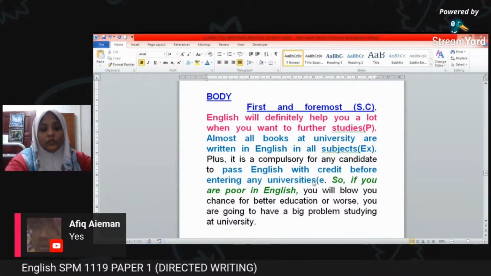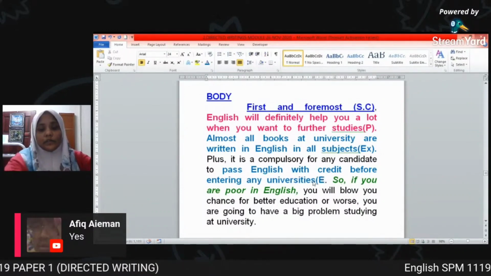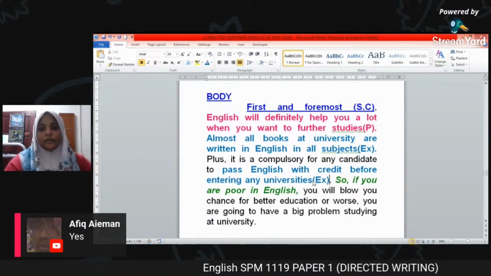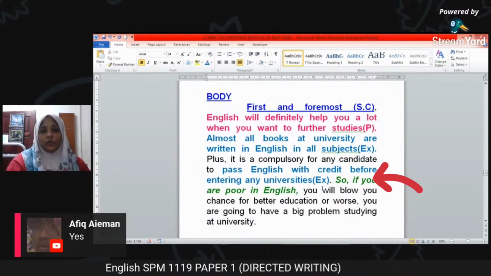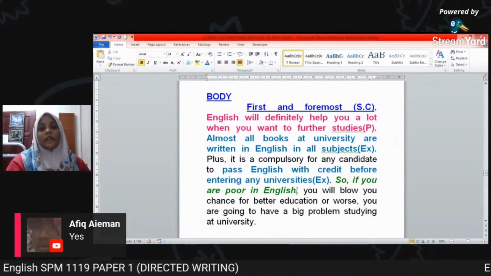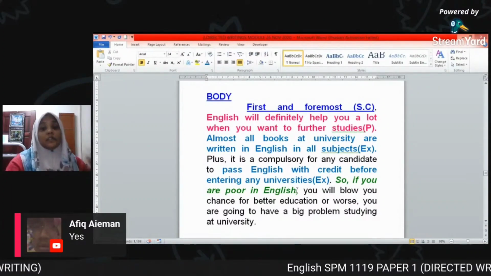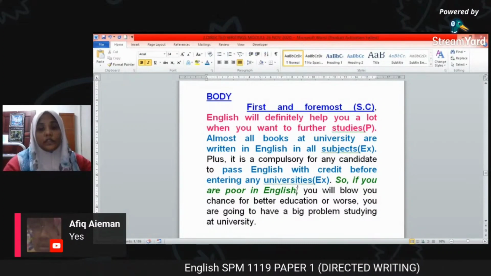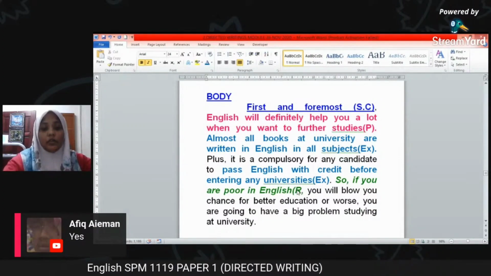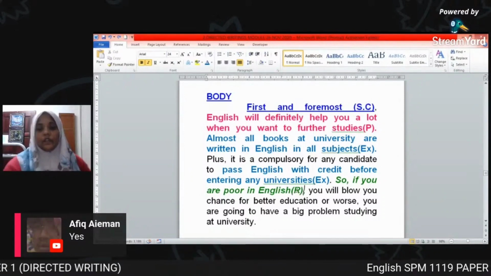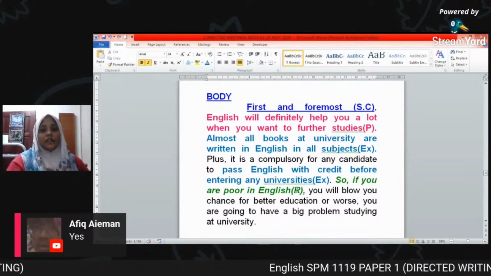This is also an example. So, if you are poor in English, indirectly it is saying that English is important. So, this is relating to the question.